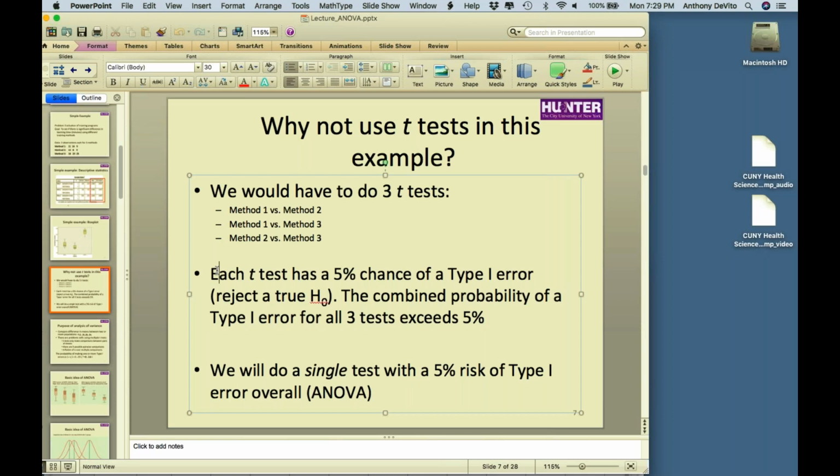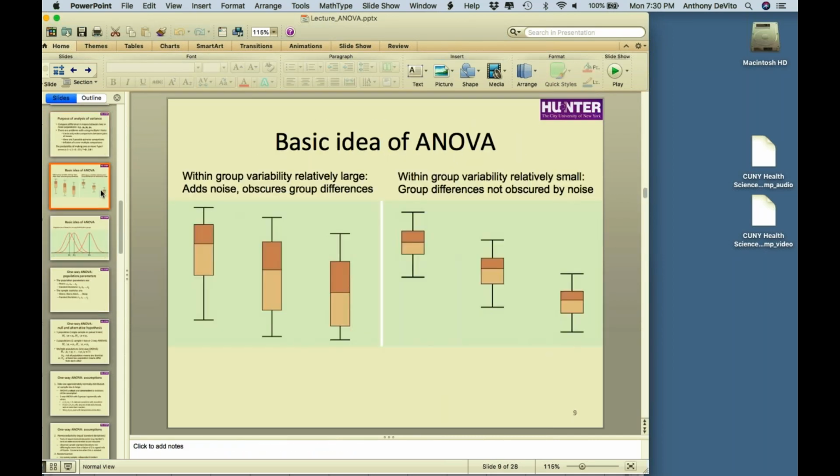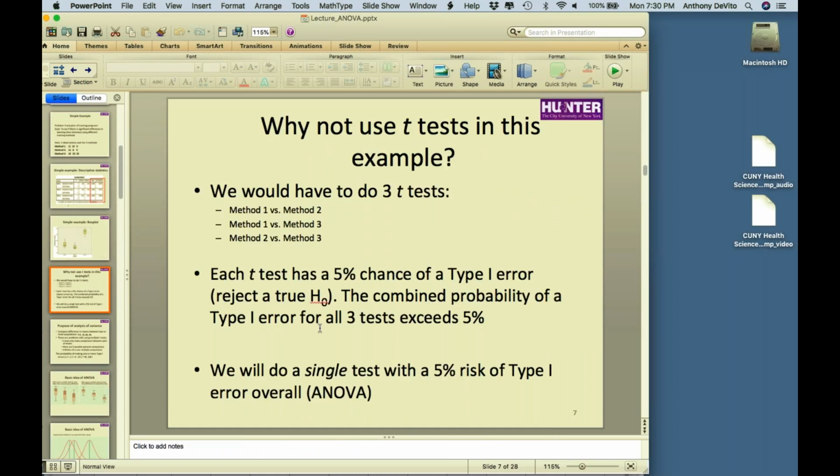In other words, we want to make sure that we don't make that error more than 5% of the time. That's our alpha error. Okay, so we want to find a method of comparing these means that'll do it in a single test with a 5% risk of a type 1 error overall.